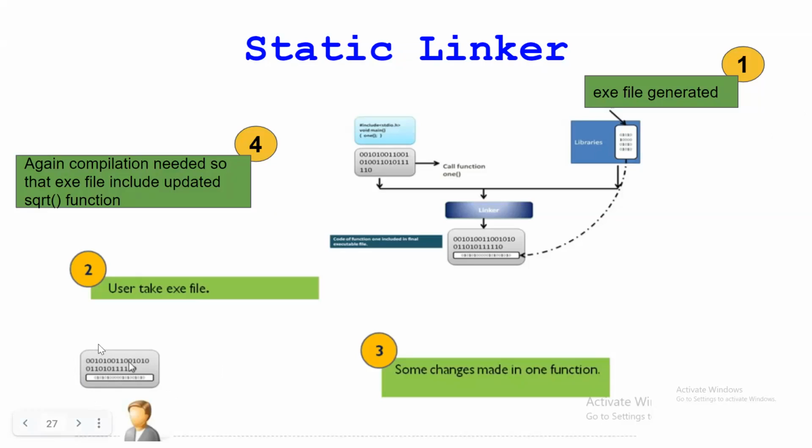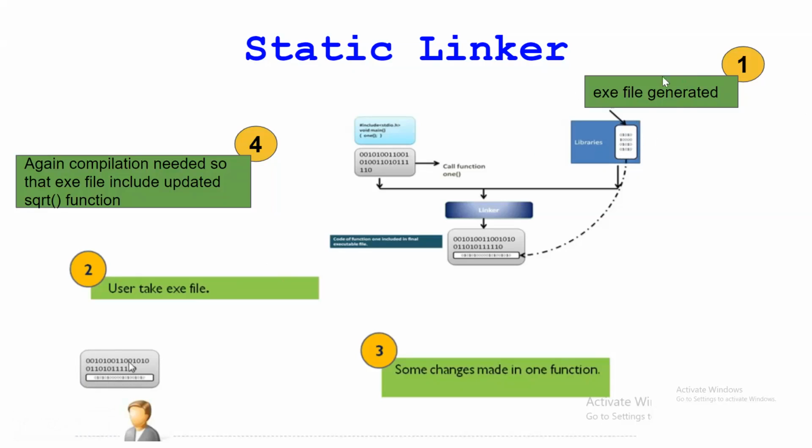Once he executes that file, if the original library of that sqrt is not modified, this will get the result, right? But the problem is, if the original library of that sqrt is changed, then there will be a problem for this person.